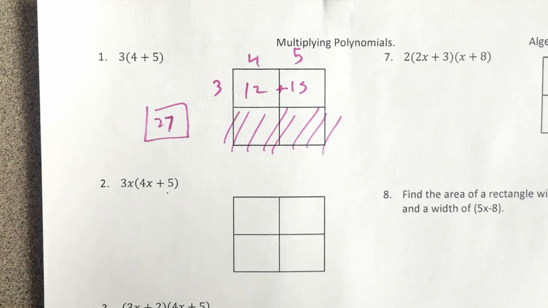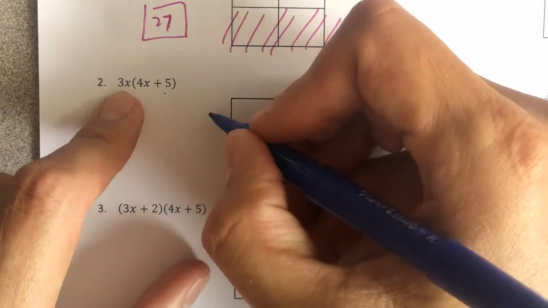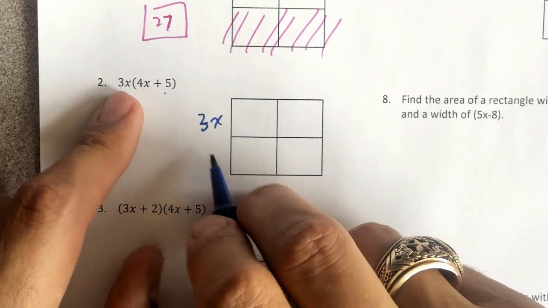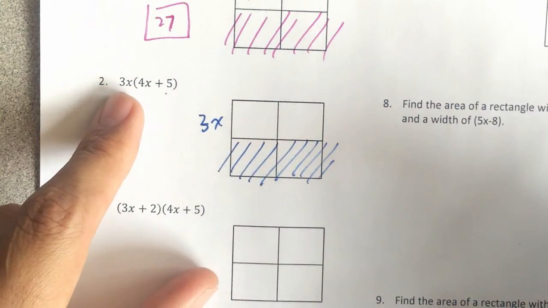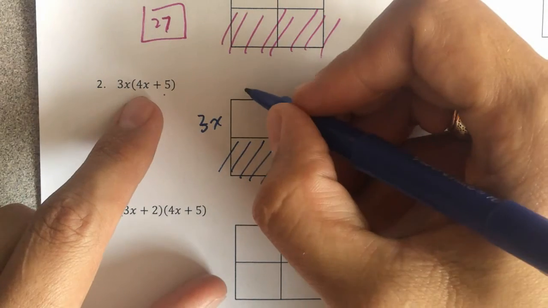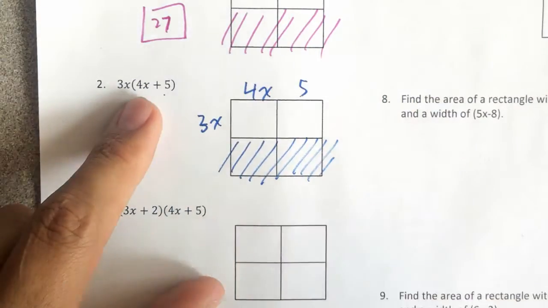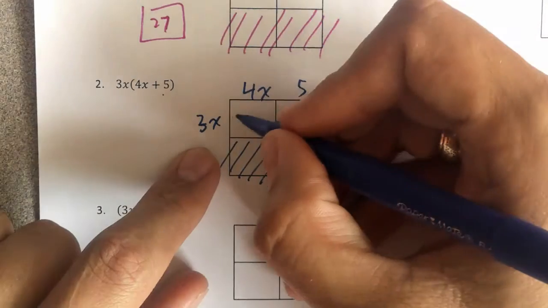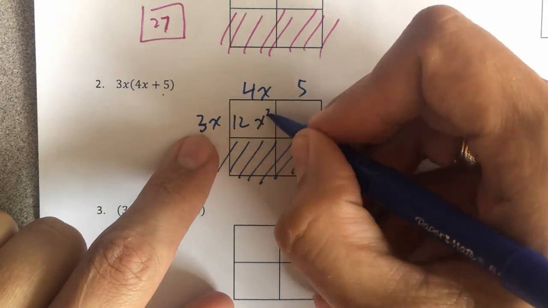Let's look at number 2. We're actually going to move into polynomials. My first factor is going to go on the left right here, 3x. It's not a binomial, it's only a monomial, so I actually don't need these boxes down here. The second factor is going to go right here, and we are just going to multiply box and box. 3 times 4, that is 12. x times x is x squared.